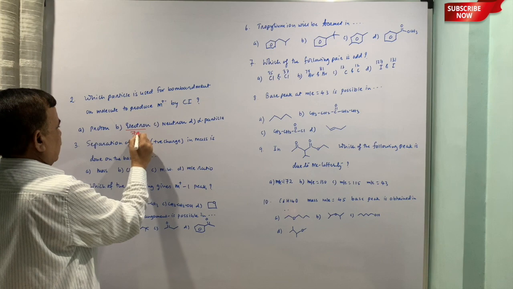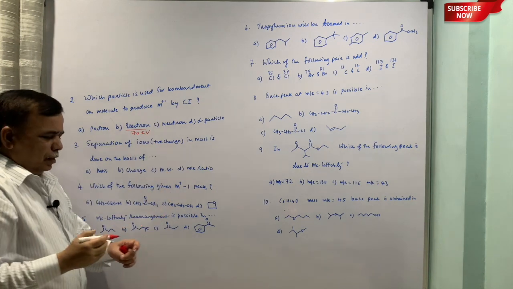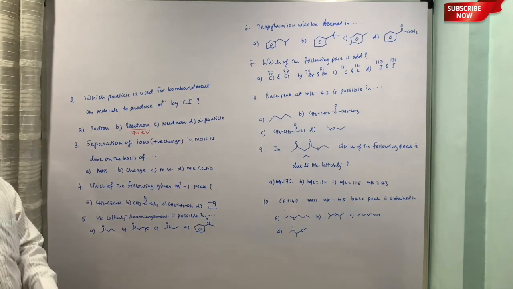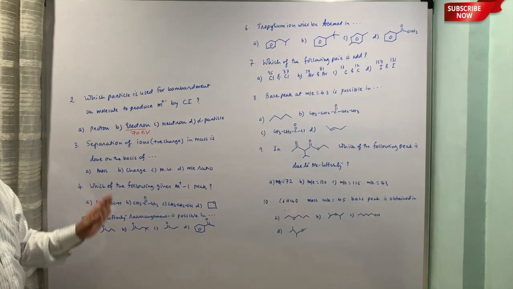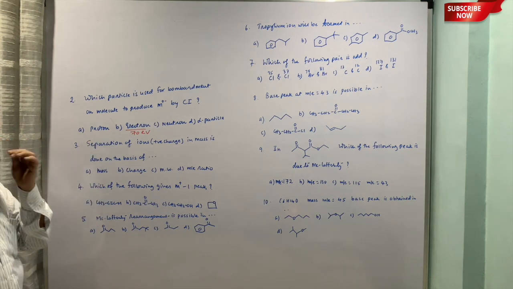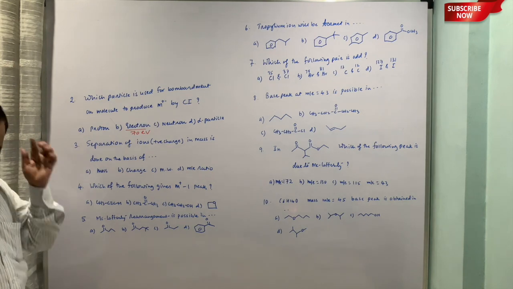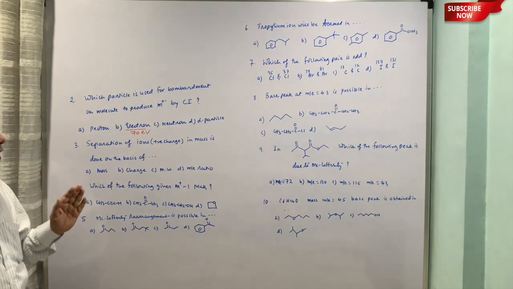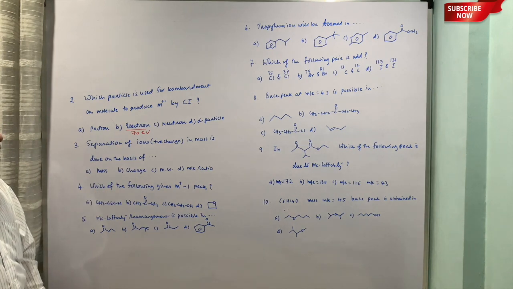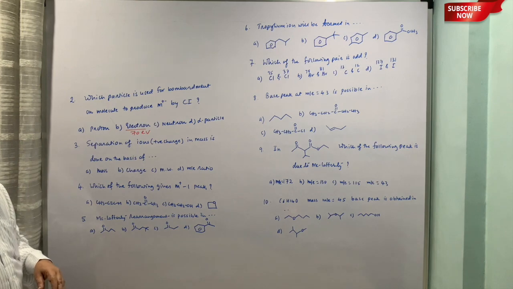So this is correct. Electrons with 70 electron volt energy are bombarded on any molecule. First of all, the molecule is transferred into vapor phase and then it is bombarded with electrons of 70 electron volt energy, and thereby you can produce the molecular ion peak.